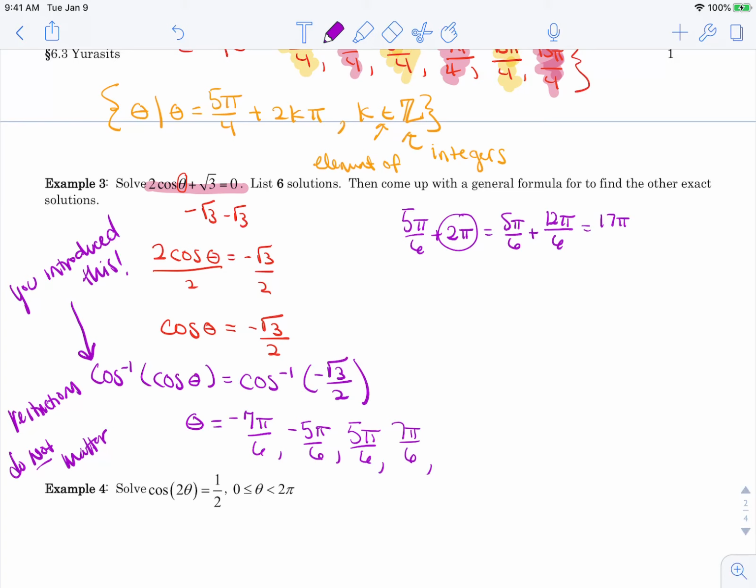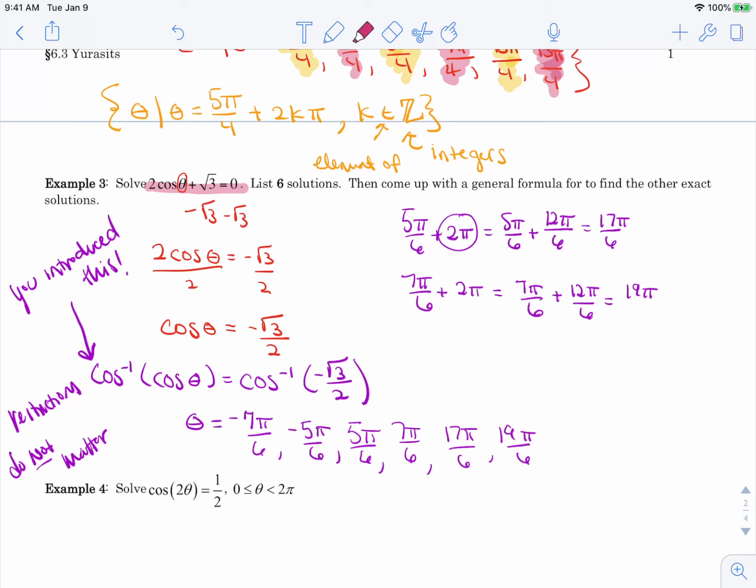So I get 17 pi over 6. Find the next one. 7 pi over 6 plus the full period, because you'll end up in the same spot. Find a common denominator. And I get 19 pi over 6. So there I have 6.